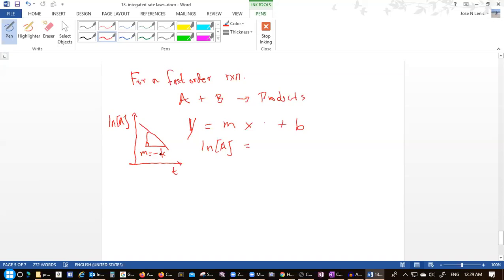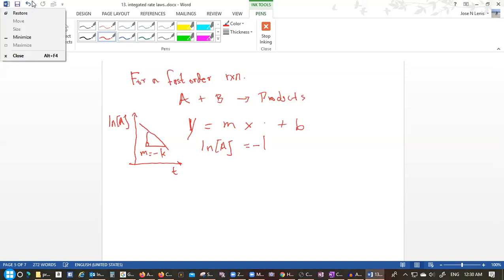It's the slope, and it happens to be the negative rate constant. The rate constant is negative because it has a negative slope. Times x, which is time.